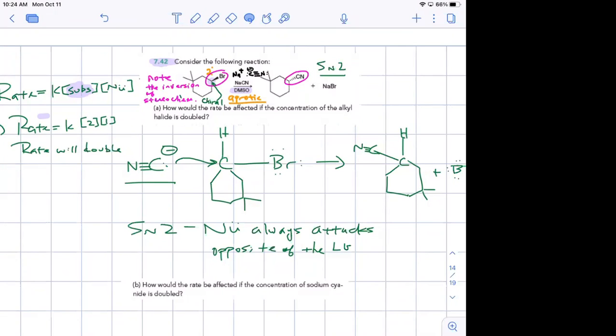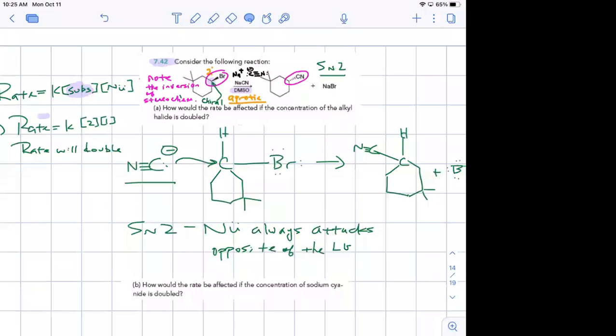So you're saying the way I have it written, the nucleophile and leaving group are on the same side? Yeah, in the original, that's just symmetrical. I could have written that on the other side as well. It wouldn't matter.